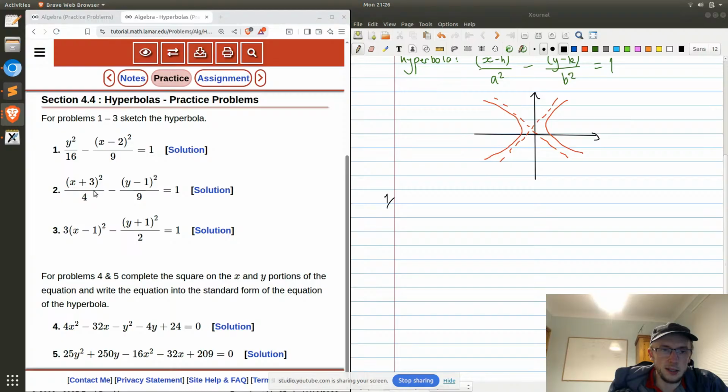This will open left and right, and this will open left and right. Okay. I need to know where the center of the hyperbola is. And then for the vertex, I think I can think it through like I did with the ellipse.